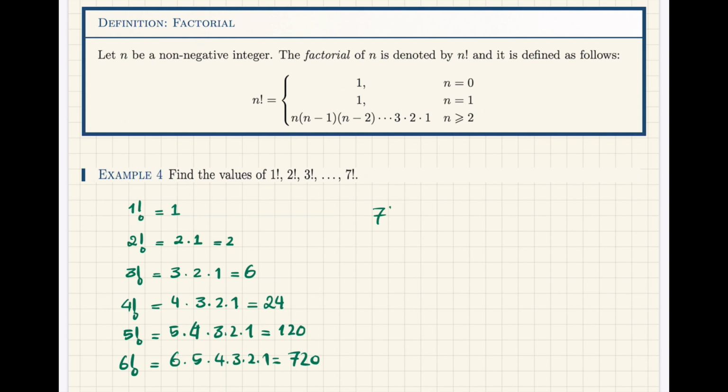And finally, as wanted in the problem, this is 7 times 6 times 5 times 4 times 3 times 2 times 1, which becomes 5040. Okay, so this is just a piece of notation. Instead of writing the product so long, I can just write it compactly and say it's 7 factorial. Okay?